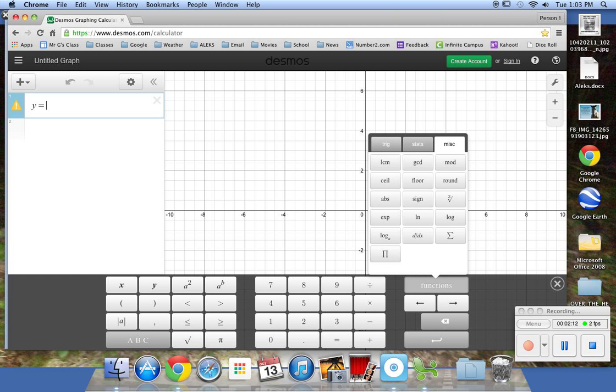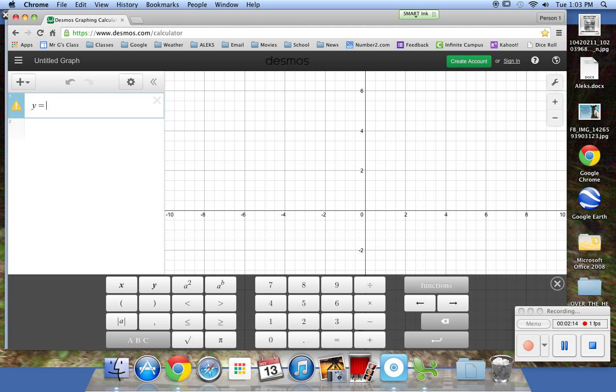Am I missing it? Oh, right here. Square root of x. Square root of x can never be negative, can it? If it is, it's an imaginary number. So if you take a look at how our parabola goes, or one half of it, it goes off to the side. All right? That's a square root.